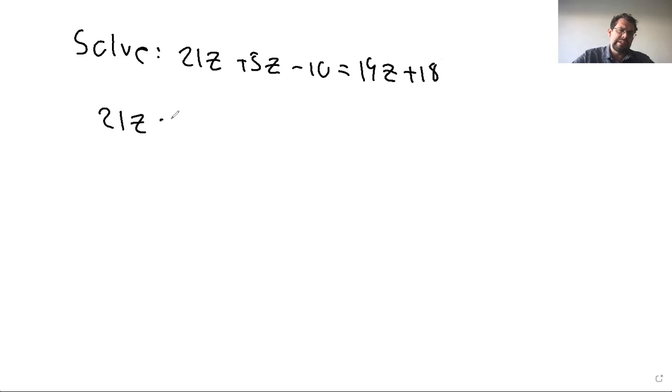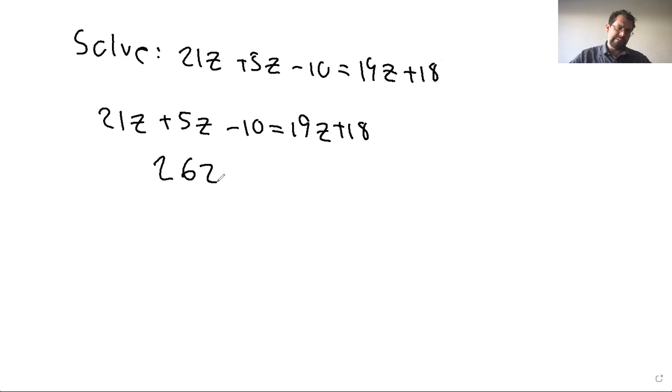We're going to use that idea from before where we combine together like terms. On the left-hand side, we have 21z and 5z. Those are like terms, so let's just go ahead and add them together. And that'll give us 26z.